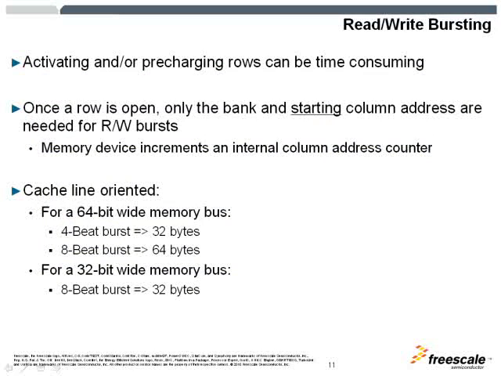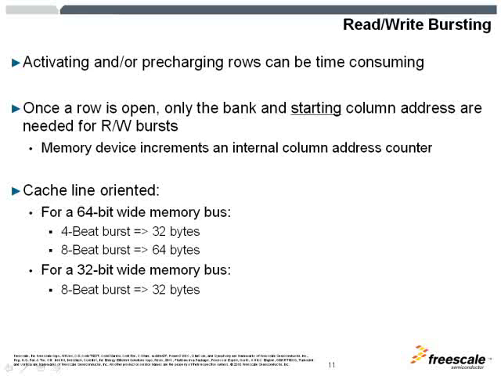There are 4 beats or 8 beats of transfer of data every time, depending on what the memory allows for: 4 bursts or 8 bursts, or if both burst types are available, which one is selected.